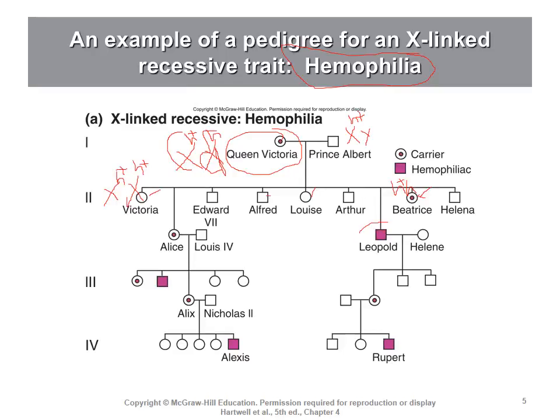Oh, here one. Leopold, a son of Queen Victoria, inherited the mutant copy of the gene. And then his sons were normal because Helen, his wife, was homozygous wild type. And then the daughter here was a carrier. That's why half of her sons were affected.